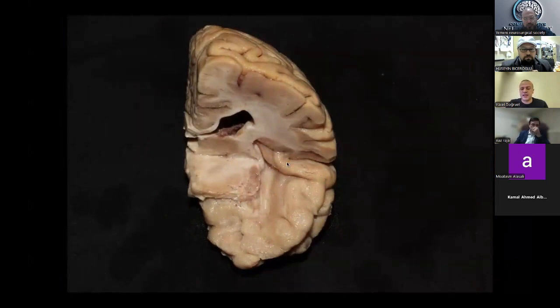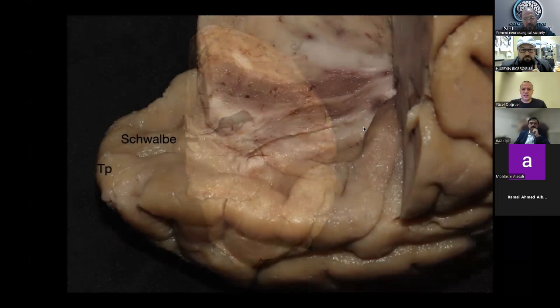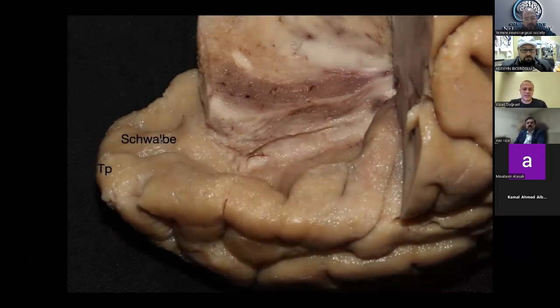Here we can see Heschl's gyrus, and this is the planum polare. The Sylvian fissure is on the medial side, with the superior gyri. Between these shallow sulci there are some called the gyri of Schwalbe. And here is the temporal pole.